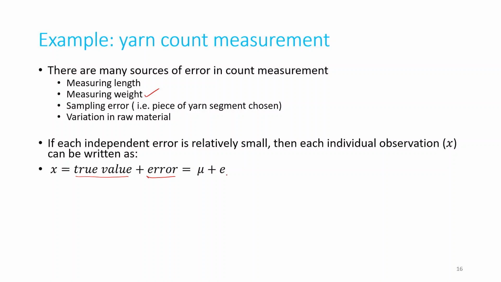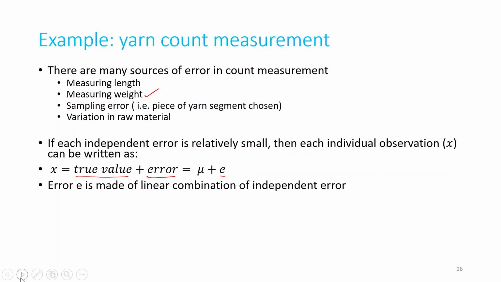So x = mu + e, where error e is made of a linear combination of independent errors e1, e2, e3 up to ek. So the error for each measurement would be due to k number of errors.